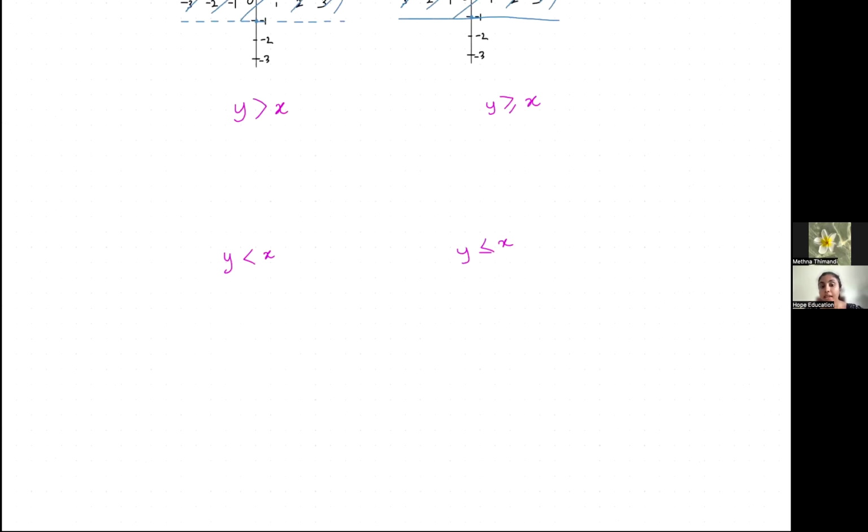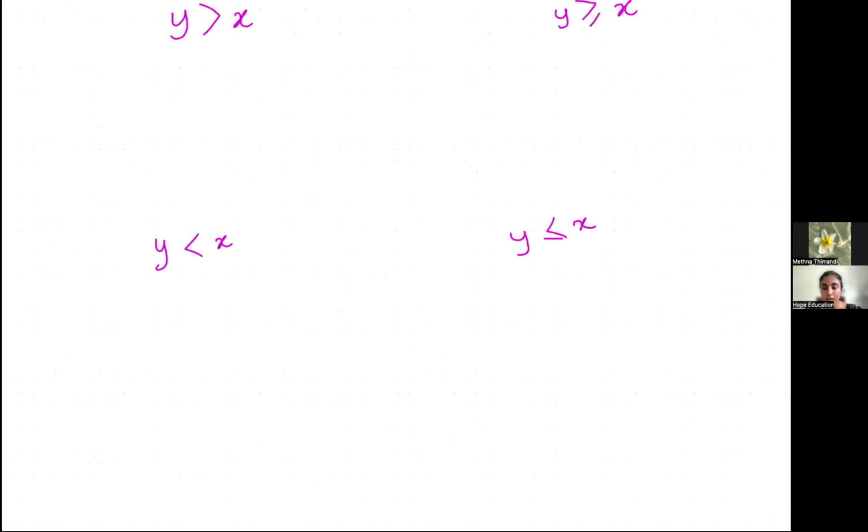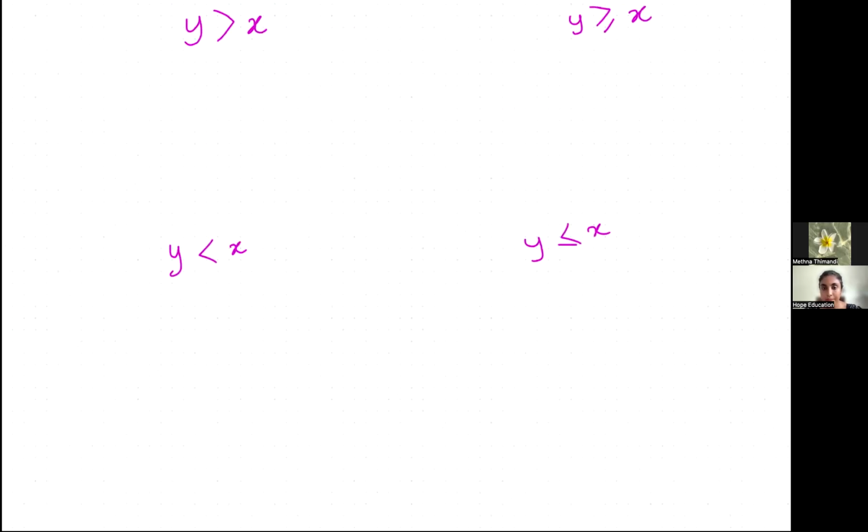But here, Y and X are compared with each other. How do we talk about this?